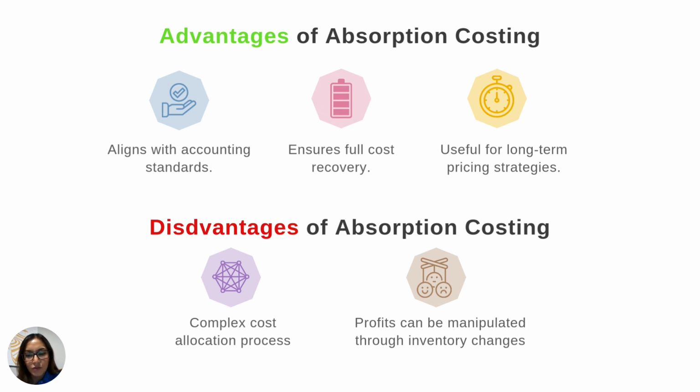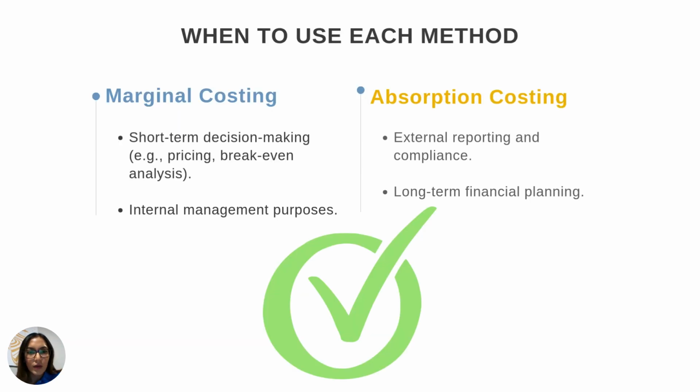Profits can be manipulated through inventory changes. So now we need to understand when to use each method, right? Marginal costing, as we said, we can use in short-term decision making, so pricing or breakeven analysis, and for internal management purposes. But absorption costing, we can use in external reporting and compliance and for long-term financial planning.